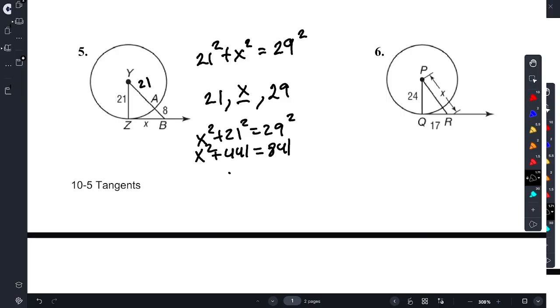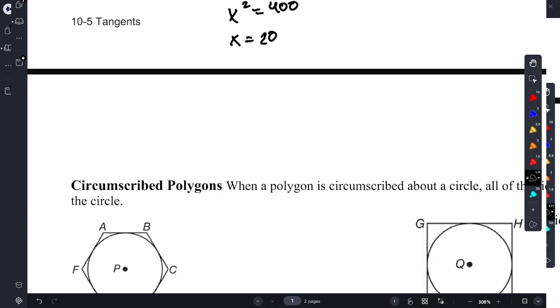Right? So x squared is equal to 400, which is 20, right? But if you know the 20, 21, 29, it would have been easier, yeah? All right, x is 20. Is that hard? No. All right, 6 is basically the same thing.